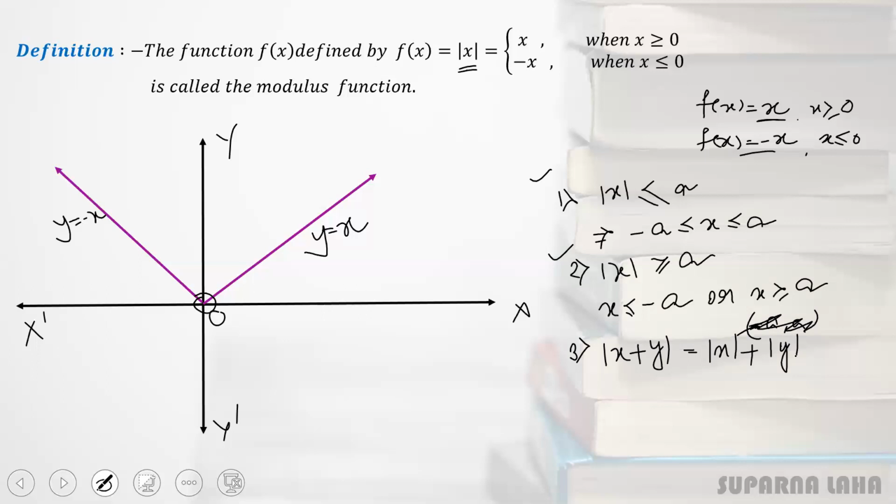If mod of x plus y is equal to mod x plus mod y, that means either x is greater than or equal to 0 and y is greater than or equal to 0, or x is less than 0 and y is less than 0. Okay, either both are less than 0 or both are greater than or equal to 0. And the same thing happens for mod of x minus y equal to mod x minus mod y.